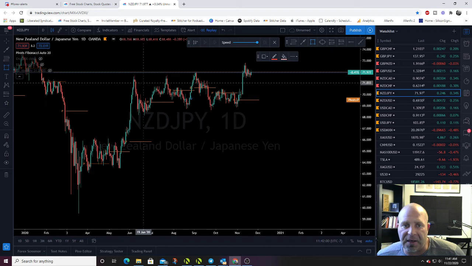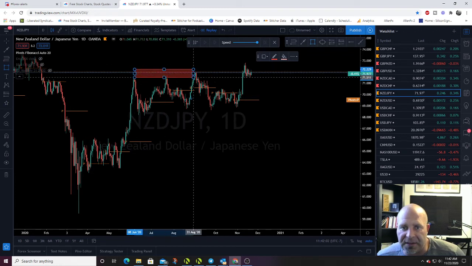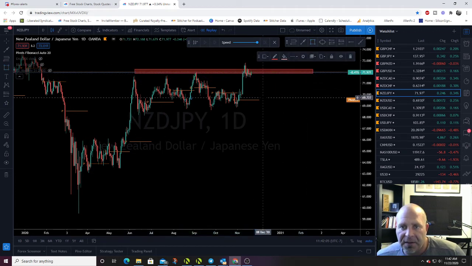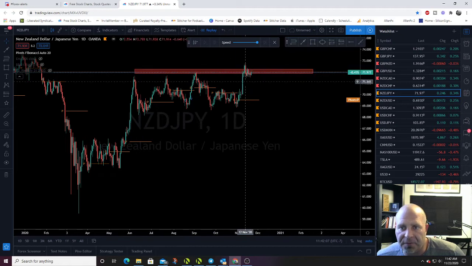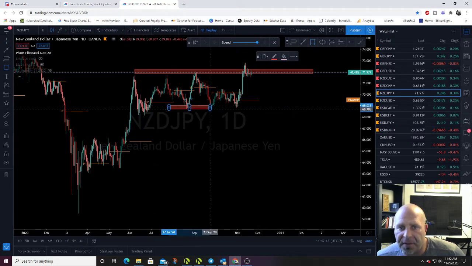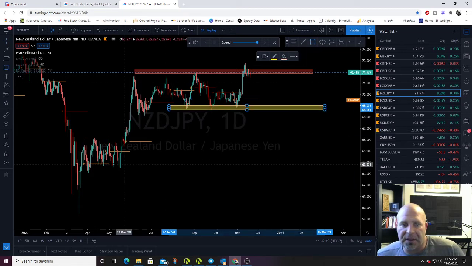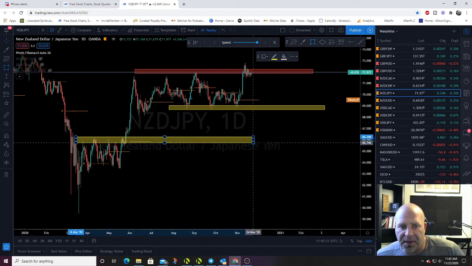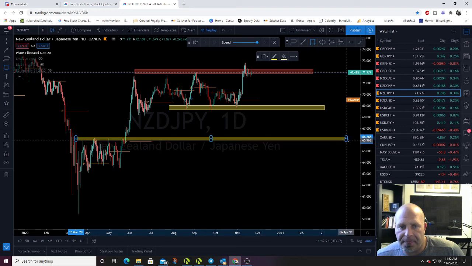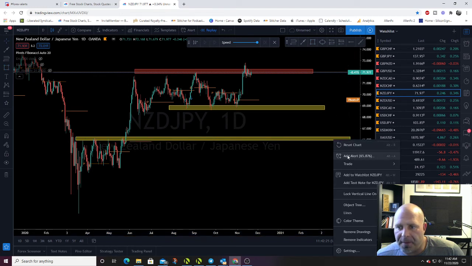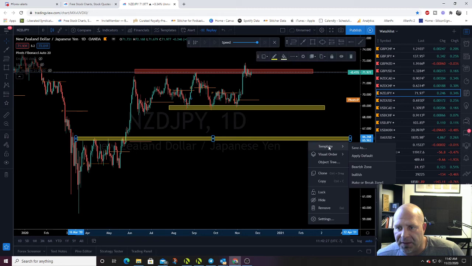Kind of the same thing on NZD JPY. We're in a bullish flag pattern here, so we've got to confirm that pop up. I'm going to put that as a make or break, and then bullish, I'm just going to go to the top of that. No sense in getting greedy.